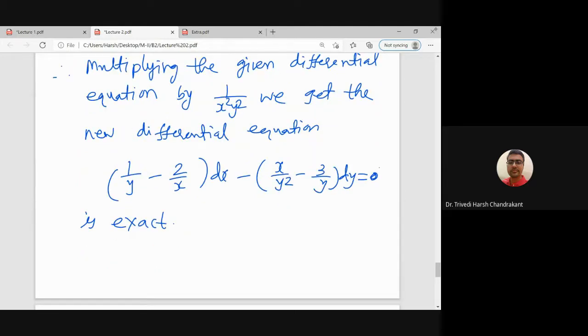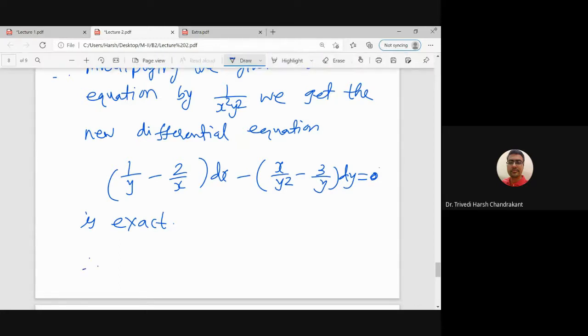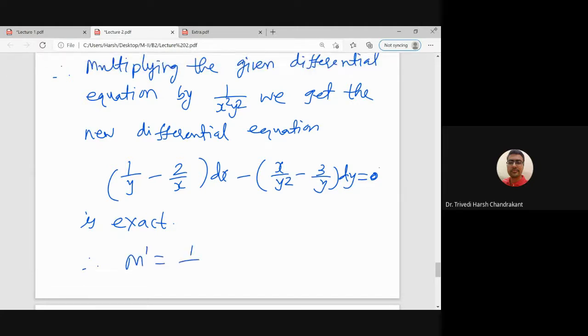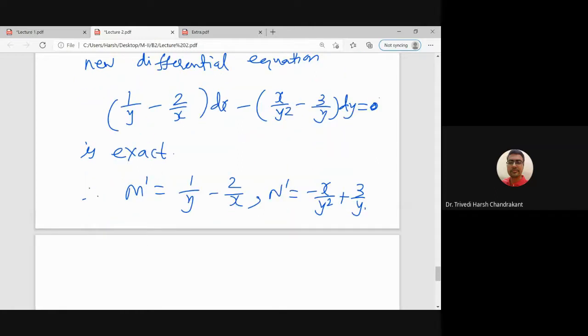So in this equation, we can see that it is of the type m dx plus n dy is equal to 0. So therefore, our m dash is 1 upon y minus 2 by x. Our n dash is minus x by y square plus 3 by y. Right.